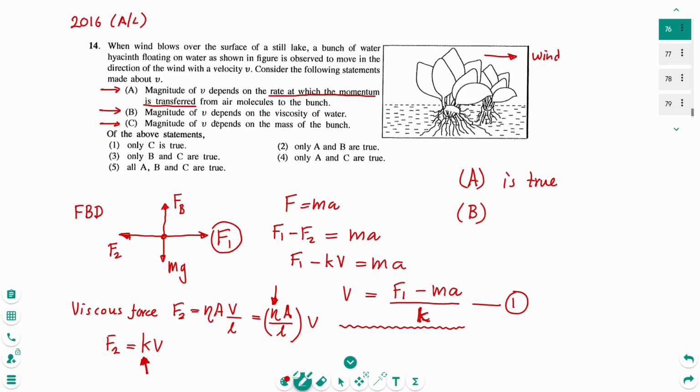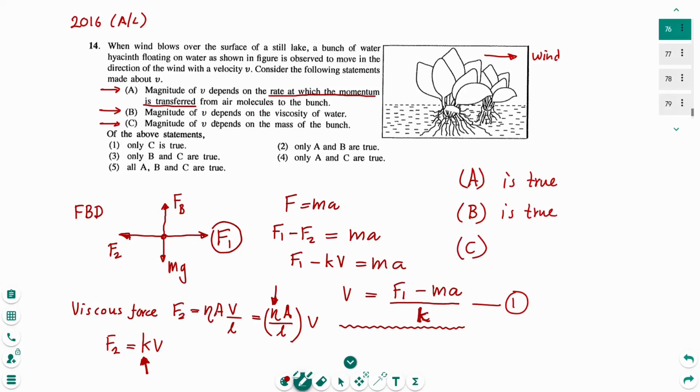We can further state that when the viscosity increases, the speed decreases, and when viscosity decreases, speed increases. So yes, magnitude of V depends on the viscosity of water. That is also a true statement.